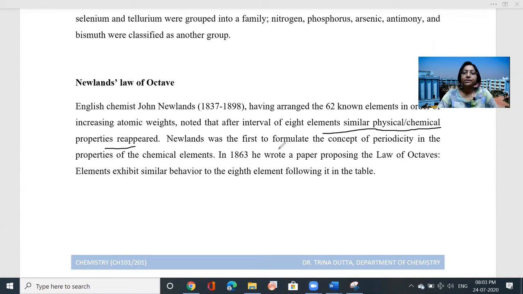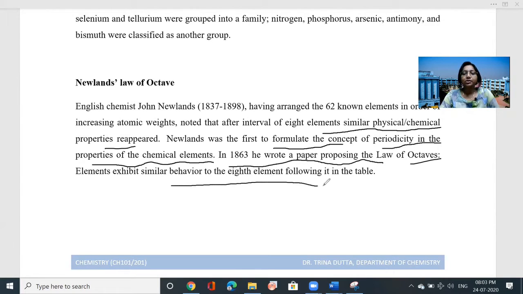So Newland was the first to formulate the concept of periodicity in the properties of the chemical elements. If it is asked in an MCQ who first formulated the concept of periodicity, you have to answer Newland. In 1863, he wrote a paper proposing the law of octaves. Elements exhibit similar behavior to the 8th element following it in the table.